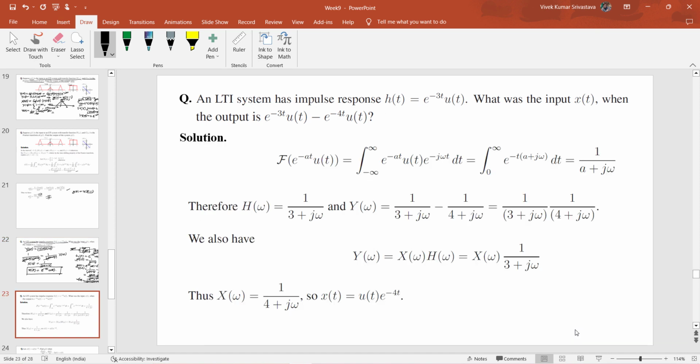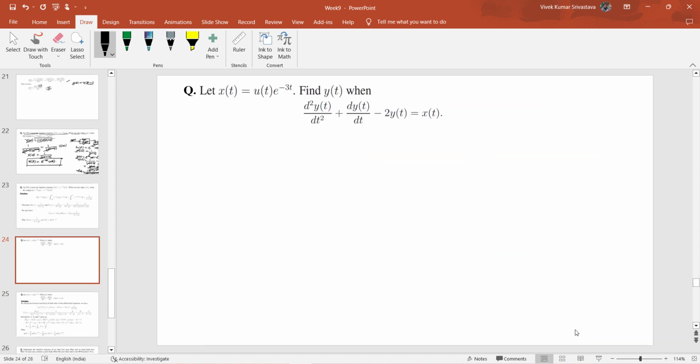So now moving ahead. Here the input applied to the system is given to us, and instead of giving the impulse response, that is the system response h(t), the relationship between the input and output is defined to us.